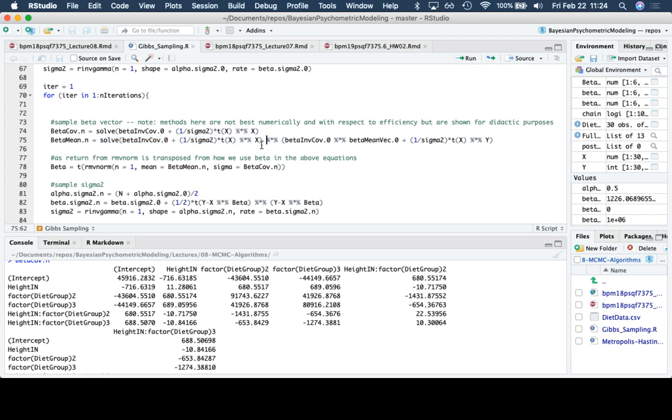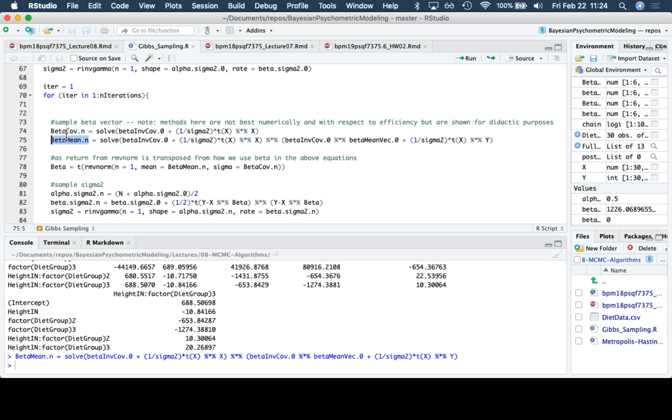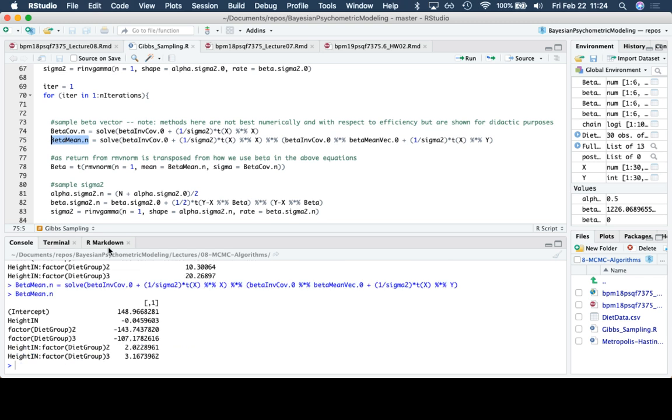We use that formula, and we see the mean vector now looks like that. That mean vector looks a lot more appropriate. Why that's the case is because the driving force in sampling the mean vector comes from that x transpose x term; the prior inverse covariance is not adding a lot to x transpose x.